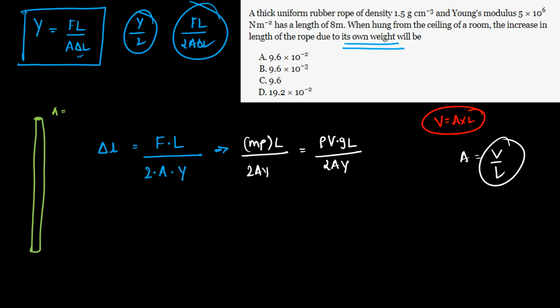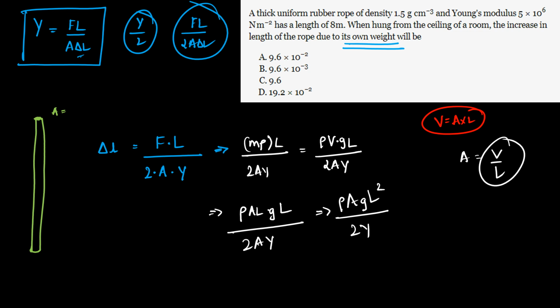So you can again simplify this as rho and V as A L, multiplied by your g and your L as it is, divided by 2 and A and Y. Now you simplify, it is going to be rho A g L, and L times L is L square, divided by 2Y.